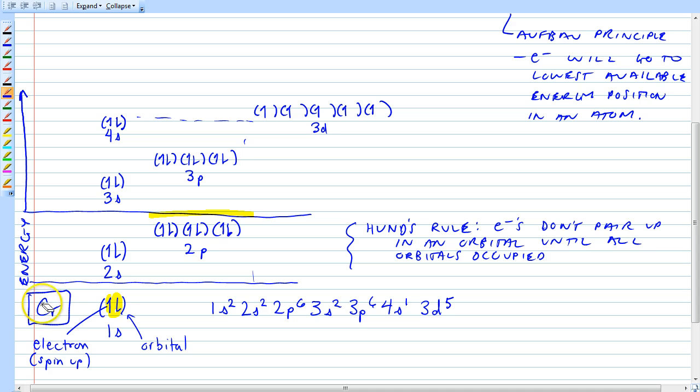Now, when we move to the next element, which is manganese, then first we'll fill up that 4s. So then this would be manganese, which would have the configuration that we would expect. Alright, then iron would look like this. And that would be 3d6.